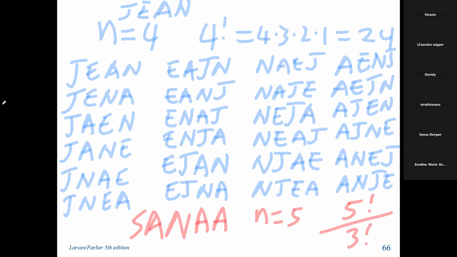We have 5 letters in this, but here I observe I got A 3 times, 1, 2, 3, over 3 factorial. So I believe Sanaa can be arranged 20 different ways. So that would be 5 times 4, that's 20 different ways. Okay, Sanaa?